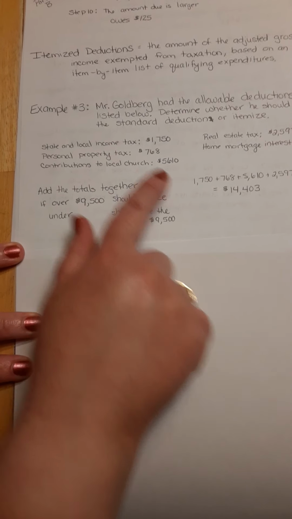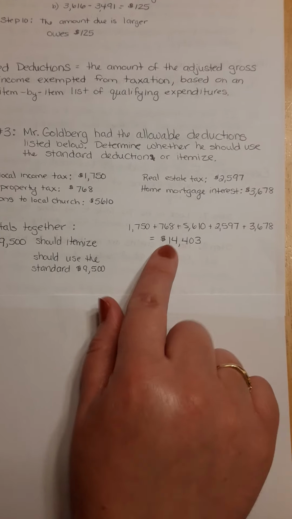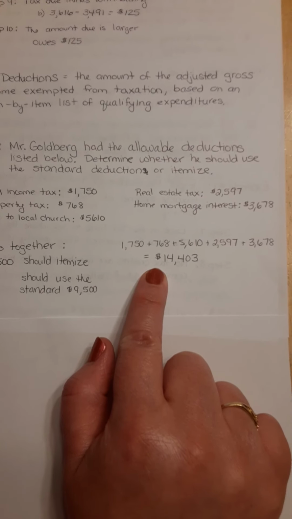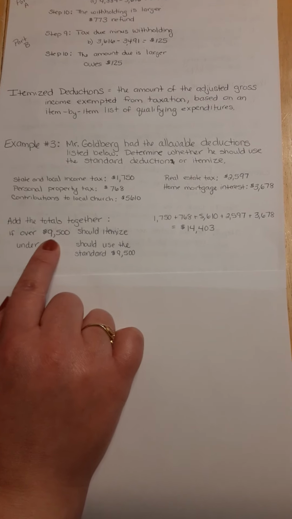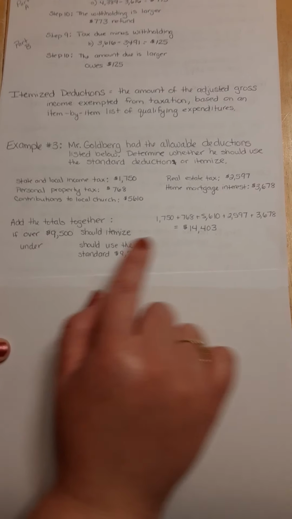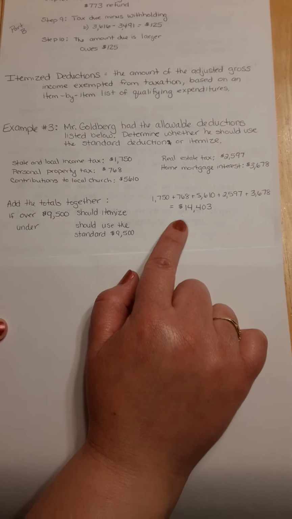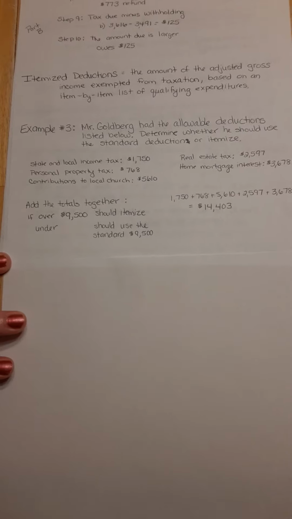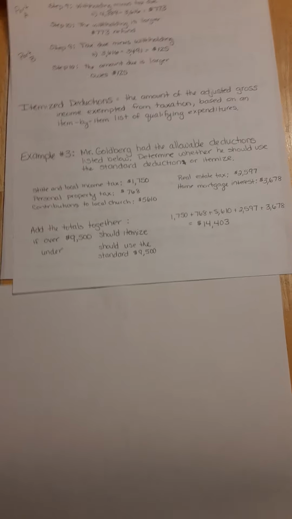So once we add up all these totals, the $1,750 and all these totals, once we get the grand total, we find that it's $14,403. That is more than the standard deduction. So Mr. Goldberg in this case should go ahead and itemize his deductions, but he's got to make sure he has those receipts. Okay, and so that is what it's talking about in that section.